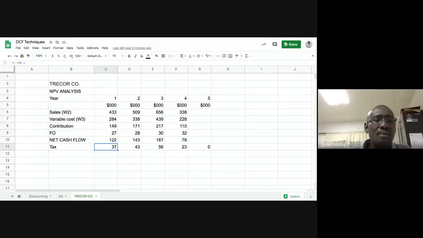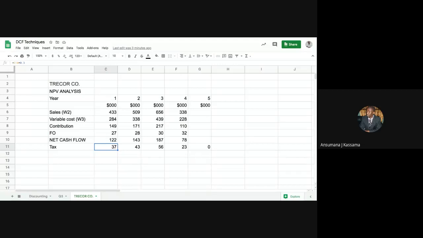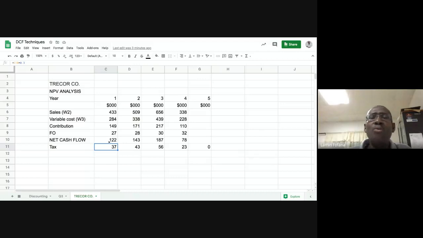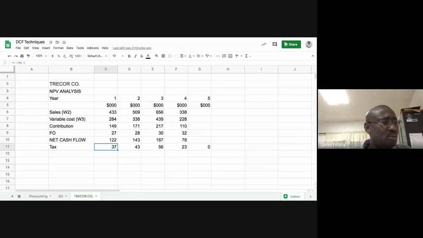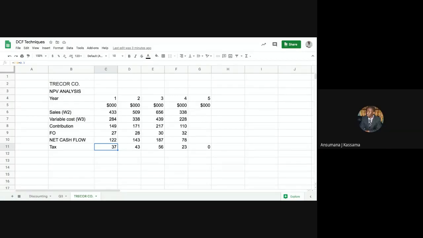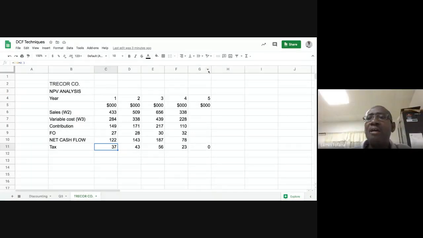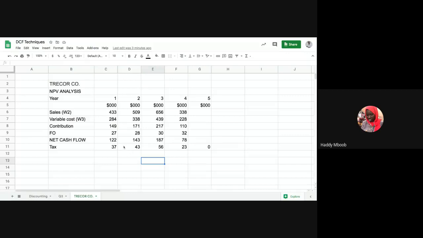What I'm saying is, the tax for the first year will be paid in the second year. Why will it be paid in the second year? Okay, you're right, Mr. Formula, because taxes are always paid a year after.